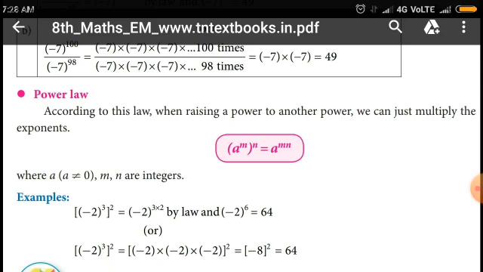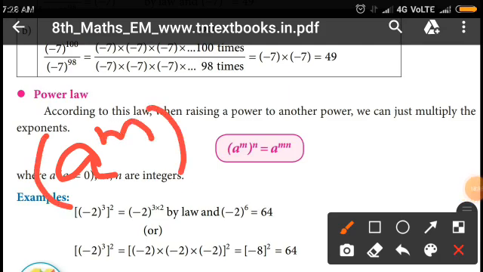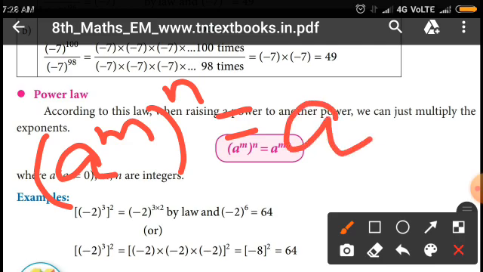This law is power of power. (a power m) whole power n is equal to a power m into n, mn.